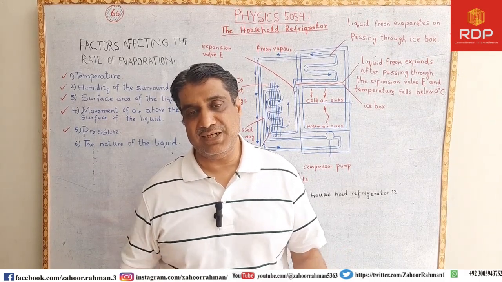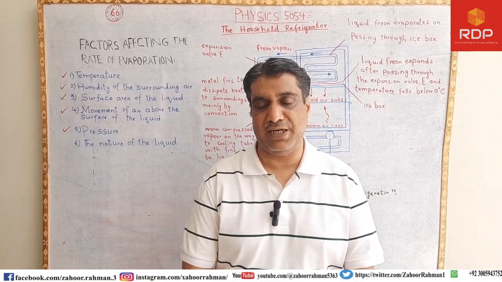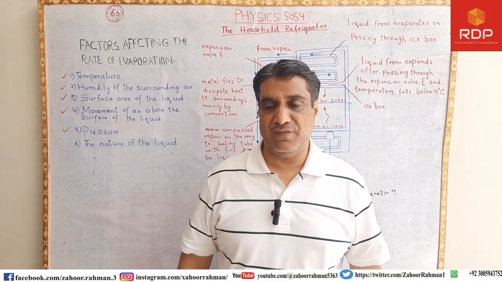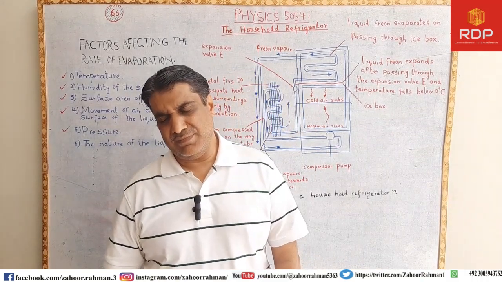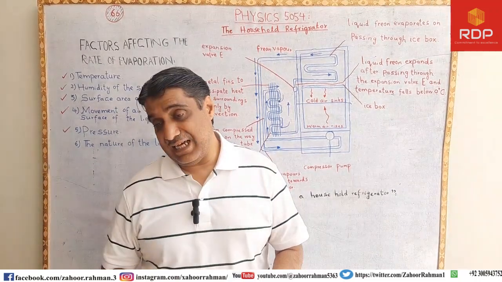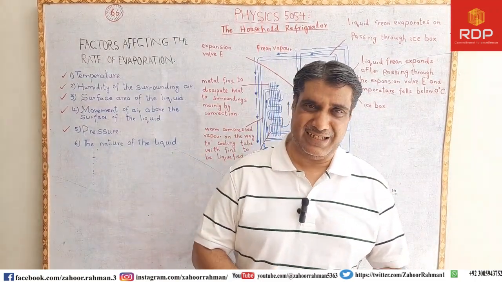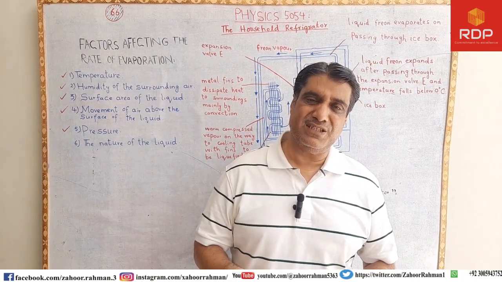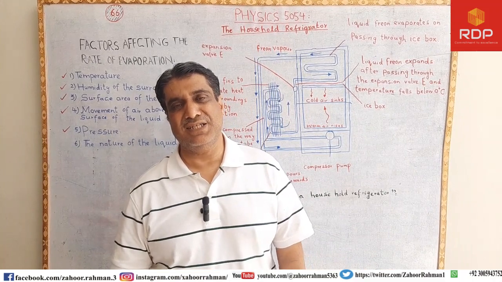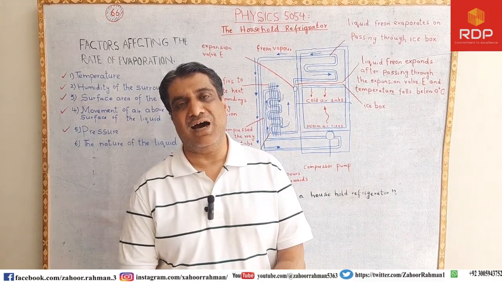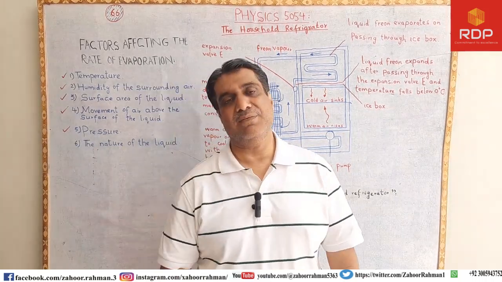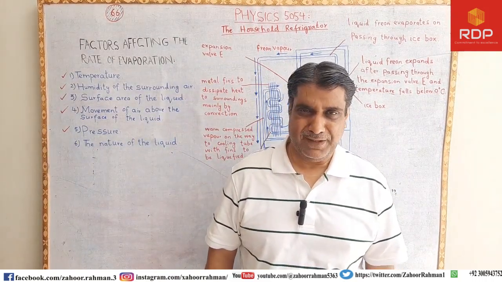Ladies and gentlemen, these were the factors, and the last factor says that the nature of the liquid is also responsible for the increase or decrease of the rate of evaporation.